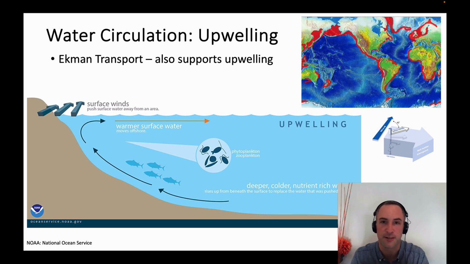It means phytoplankton will bloom, and it means there's food for animals. So these are often some of the most productive fisheries areas in the world. Upwelling zones off of Peru are extremely important. The upwelling zones off of California are extremely important. This is a physical phenomenon, but it is important for life on Earth.